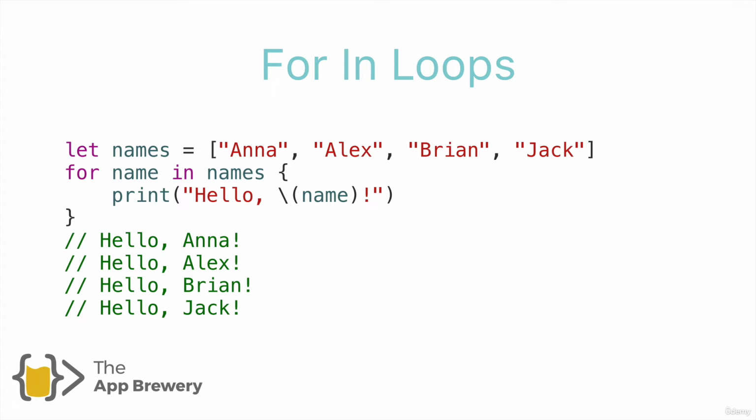So it's looping through our array and performing some sort of action, in this case, simply printing out the name and the word hello. And it's doing this many, many times without us having to explicitly write hello name square bracket 0, hello name square bracket 1, etc. So we can do this as long as we have a sequence to work with.